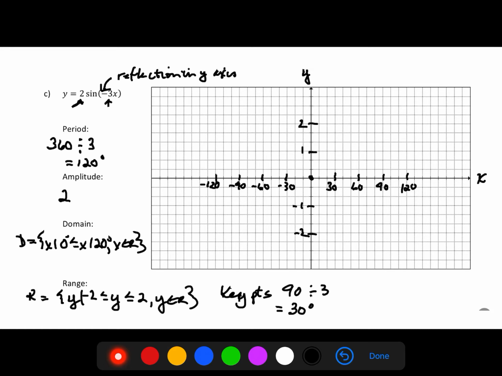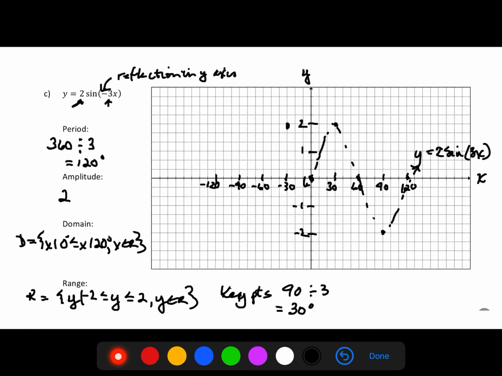So if we want to think about our base graph first of all, so y equals 2 sine 3x has our key points already keyed off, 30 degrees each key point. We're going to go up to our maximum. So right now we're just ignoring this reflection to get sort of a base graph and see how it's going to change. So this is our graph of y equals 2 sine 3x.